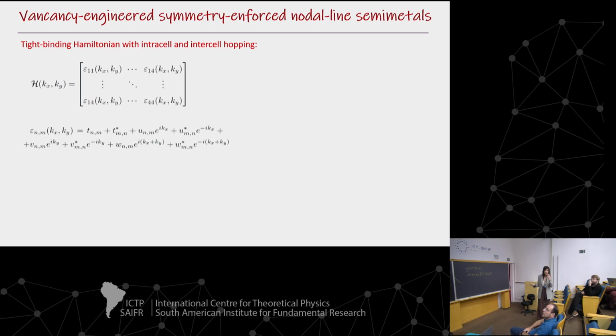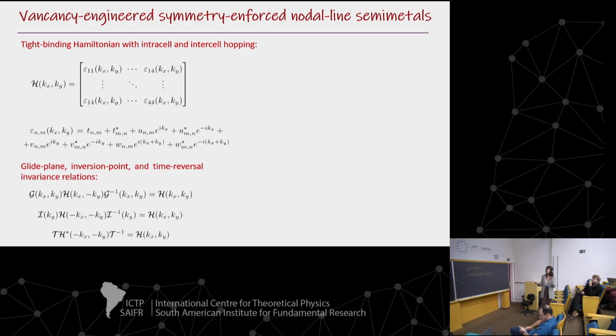Okay, so you can also, another way to see that is you really go and write down a tight binding Hamiltonian that contains, say, just hopping between next nearest neighbors, and this 4x4 matrix will have some generic elements that will look generically like this, and you just go and impose the glide plane, the glide symmetry, and in that case, we have also inversion symmetry, and the invariance relation just looks like this.